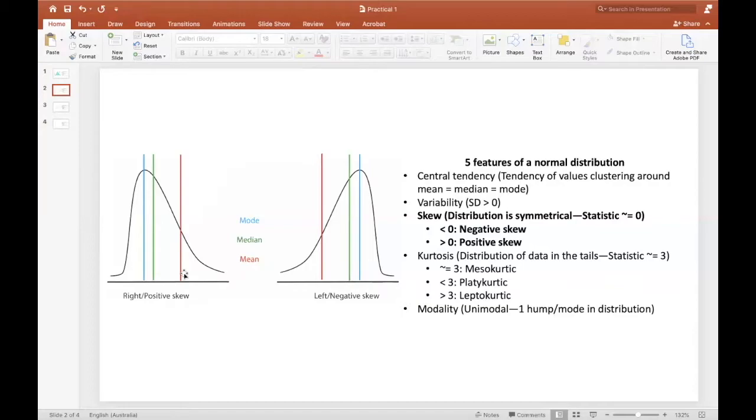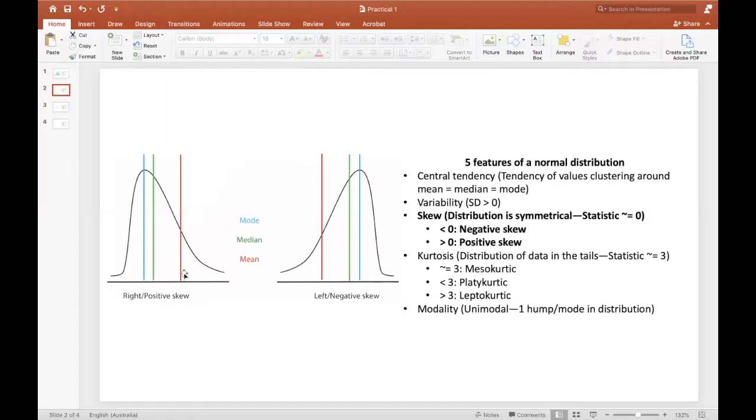Now, of course, you can tell if your data are skewed by just visualizing the frequency distribution, but Stata will also tell you a skewness statistic. Now, a perfectly normal distribution will have a skewness statistic of exactly 0. Again, in the real world, you will probably never have a skew statistic of exactly 0.